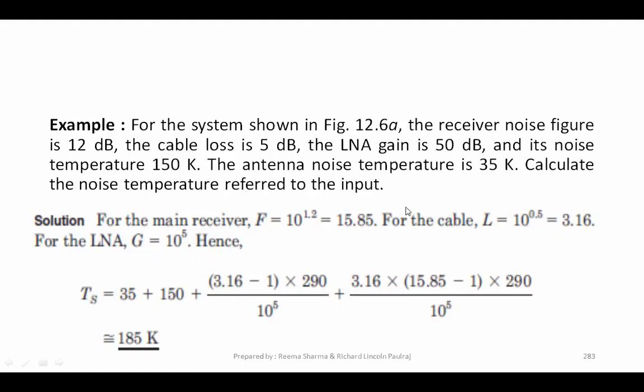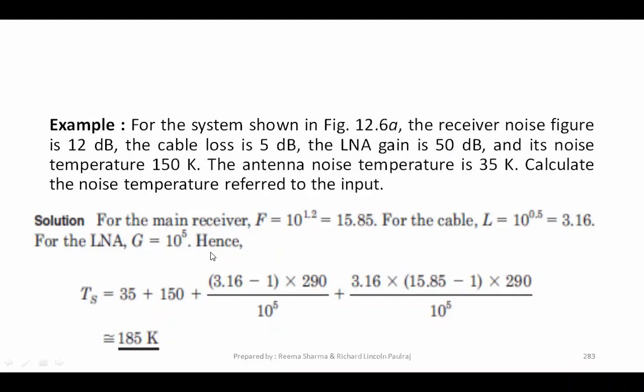Now for the cable, the cable loss is 5. Always keep in mind you divide by 10, so it becomes 0.5, and you put that to the power of 10. So I'm converting it, and here I have 50 divided by 10, it becomes 5, and then 10 raised to 5.